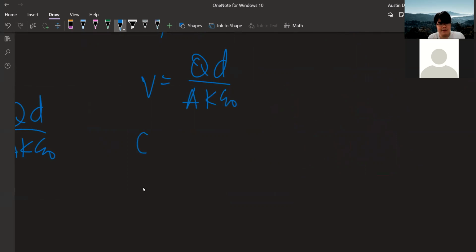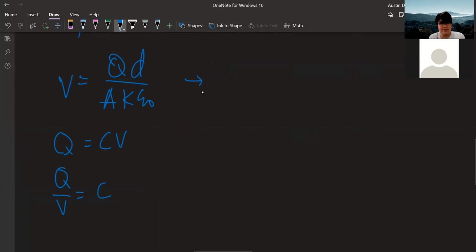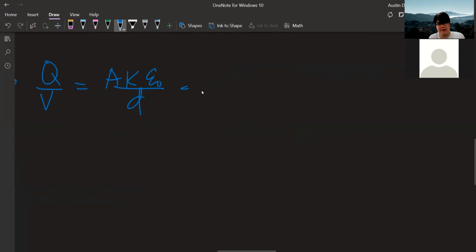But Q is equal to CV, and I can get Q over V to get C. So from here, i-rearrange ko lang such that I could isolate Q over V. Q over V must then be equal to A K epsilon naught over D, and further rearranged, K epsilon naught A over D.